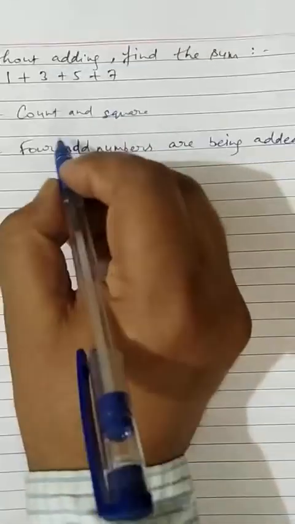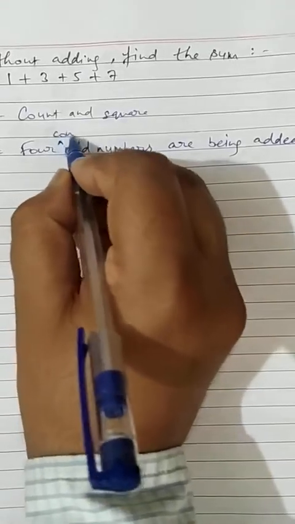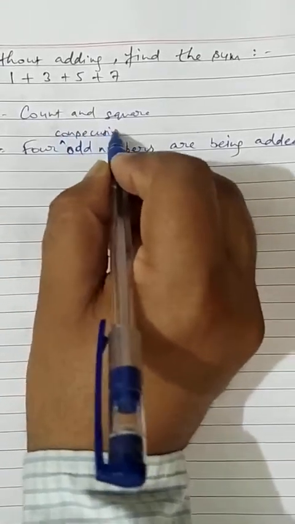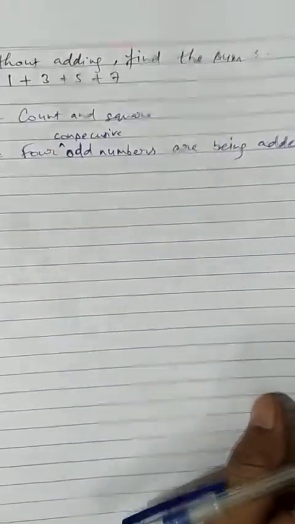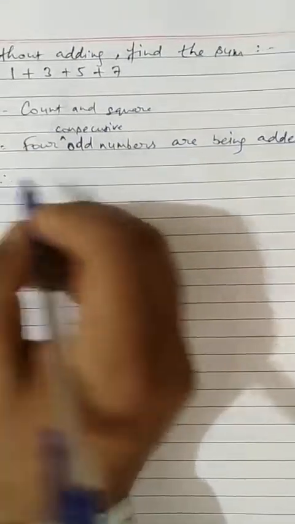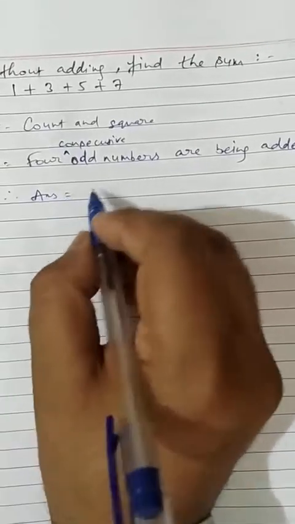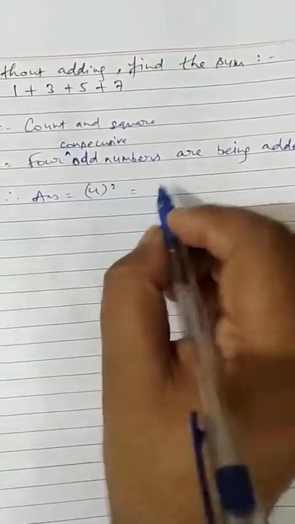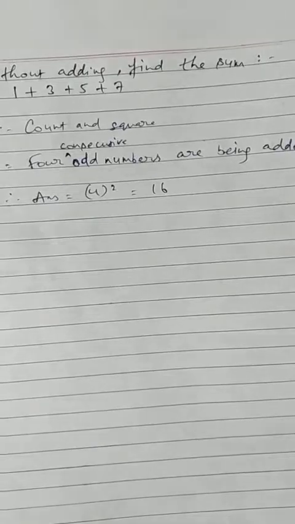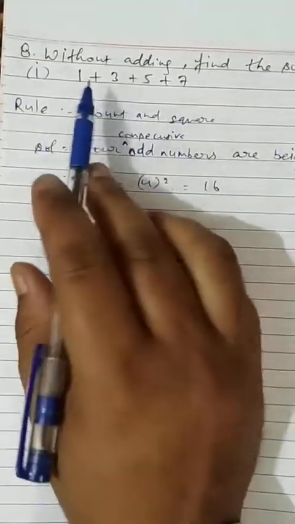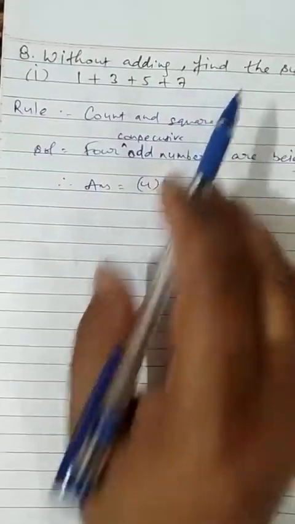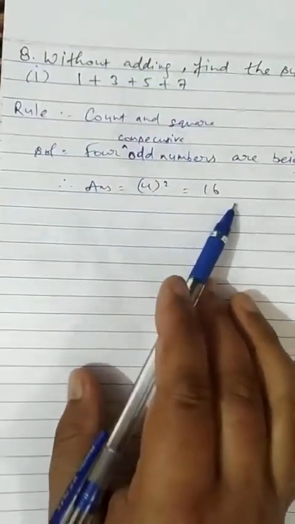We can write here 4 consecutive odd numbers are being added. So answer is equal to 4 square, that is 16. Okay. If there were 6 numbers, then it would be 6 square, that is 36.